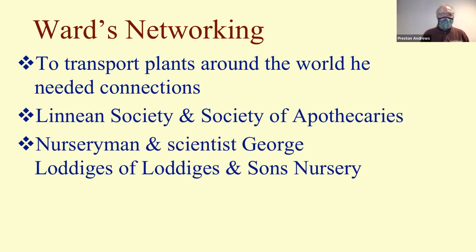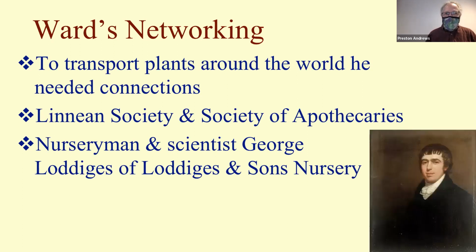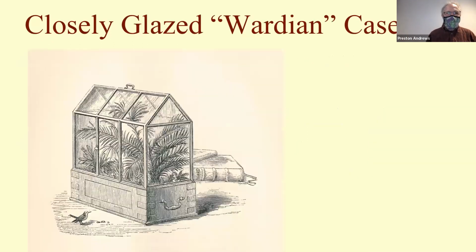So he was also a friend of some other people around London, and most notably was George Loddiges of Loddiges and Sons Nursery, which had a 15-acre nursery right there in London. There's George right there. So he had networked with scientists, and they'd networked with the nursery people.